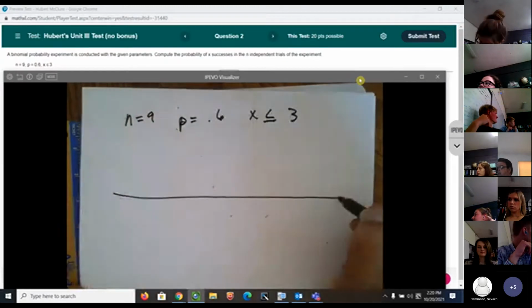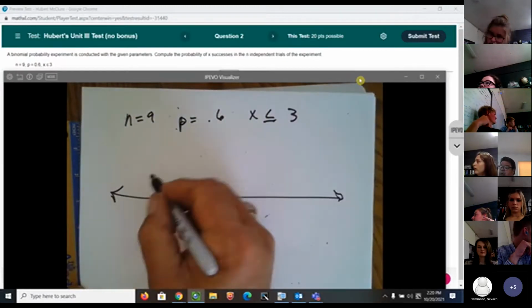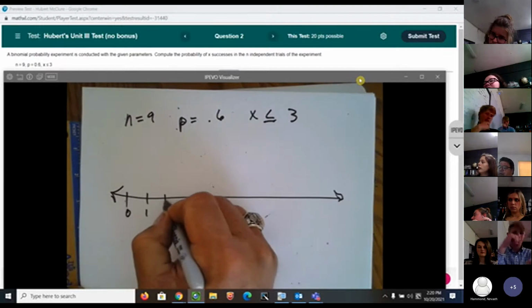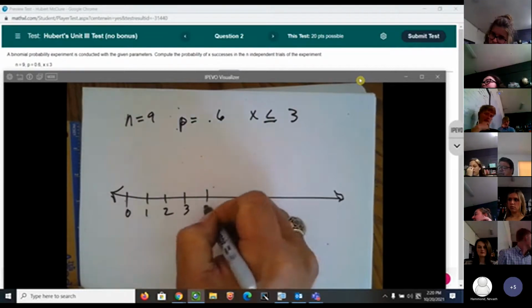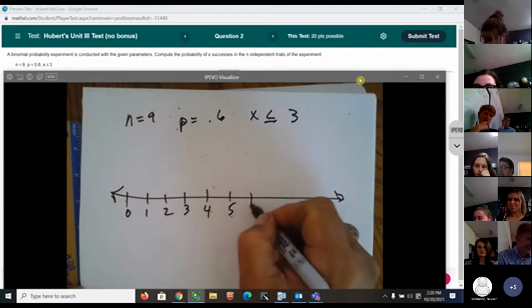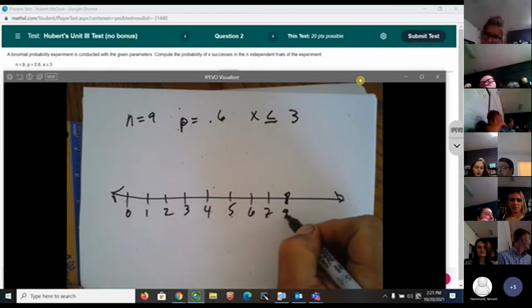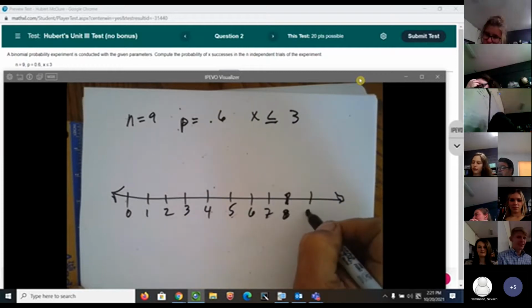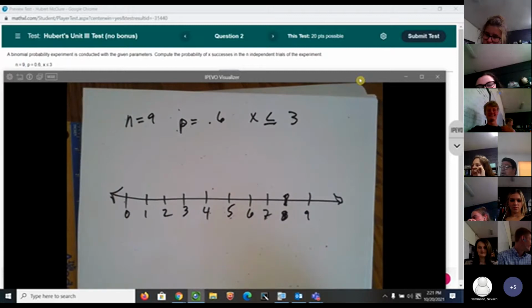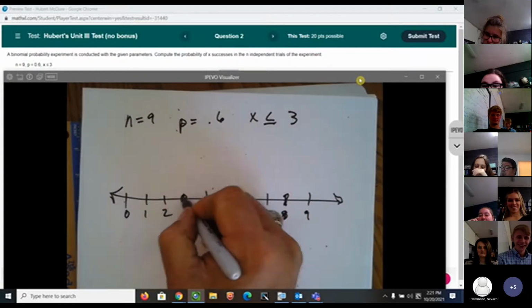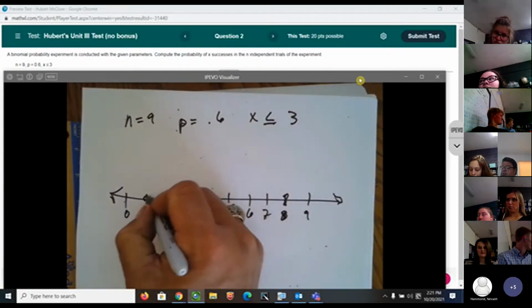So number line 0, 1, 2, 3, 4, 5, 6, 7, 8, 9. And there's a 60% chance, and they want to know what is the probability of 3 or less households.